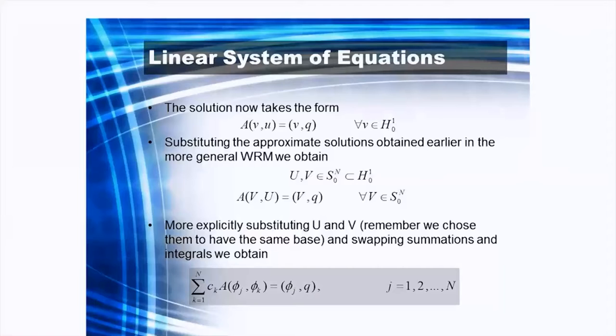More explicitly, substituting u and v, remember we chose them to have the same basis, and swapping some summations and integrals, we get to the final stage with the finite element equations. The finite element equations you can see on your slide.